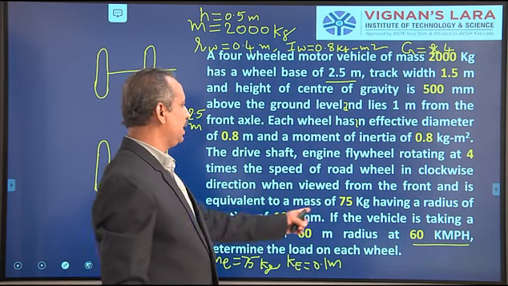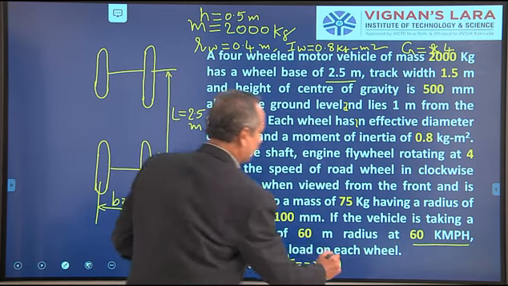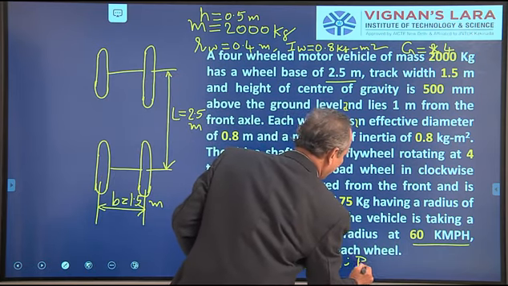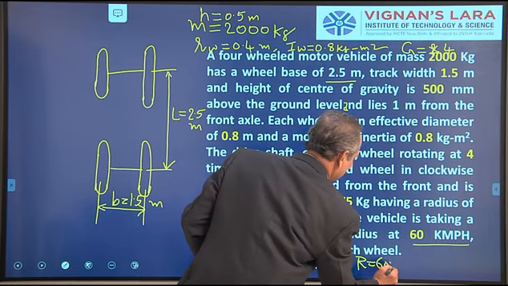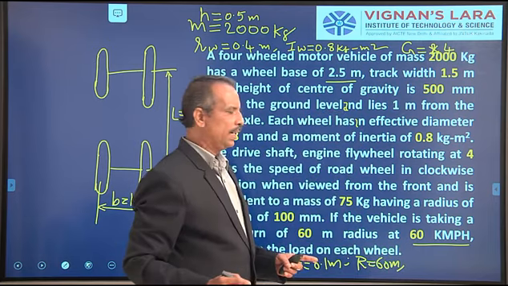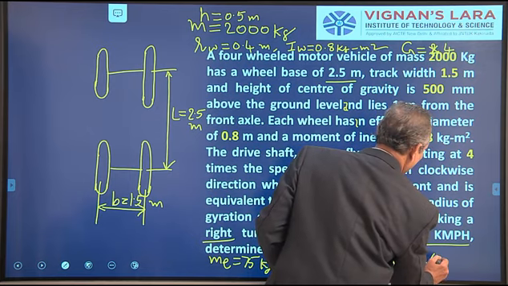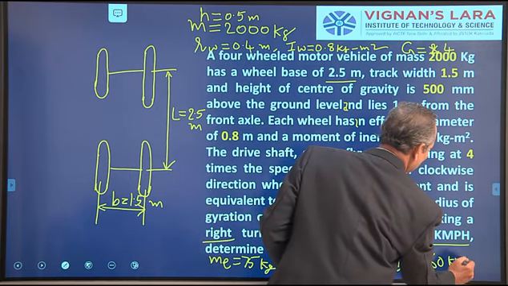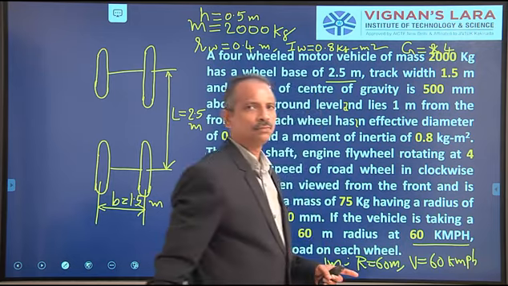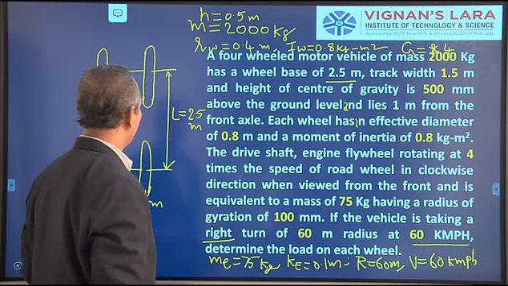Then finally it takes a turn of radius 60 meters, and its velocity is 60 kmph. This is the data given.